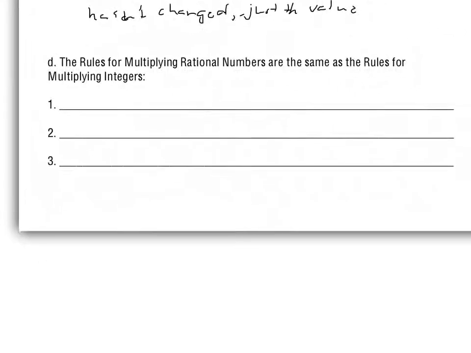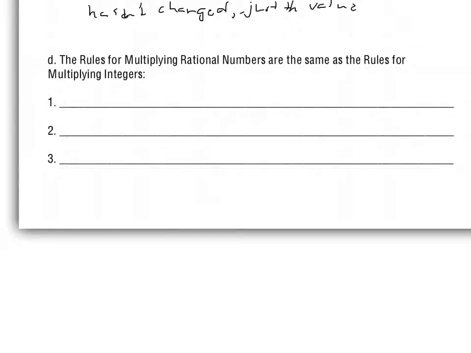Right, just a reminder about our rules for multiplying rational numbers. The same as rules for multiplying integers. So we multiply the absolute values.